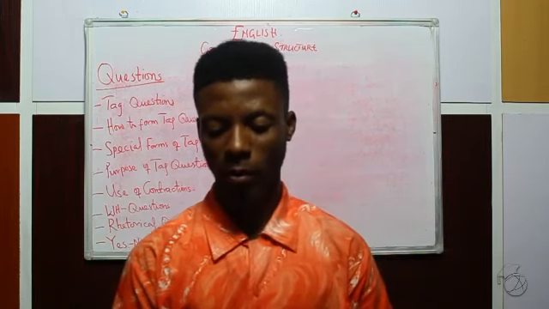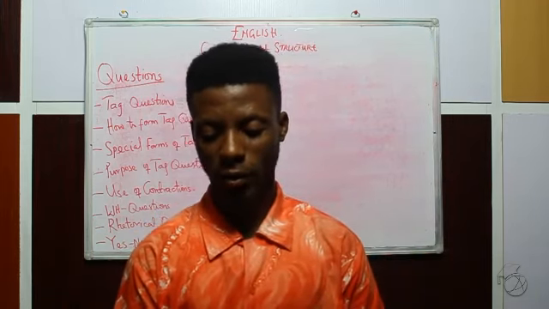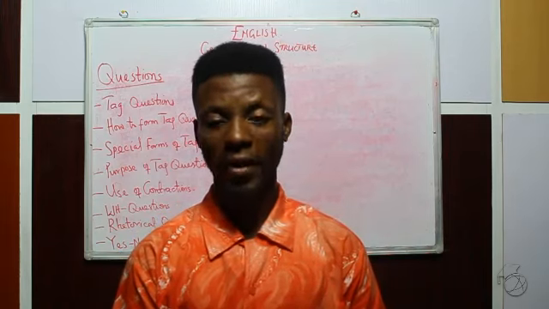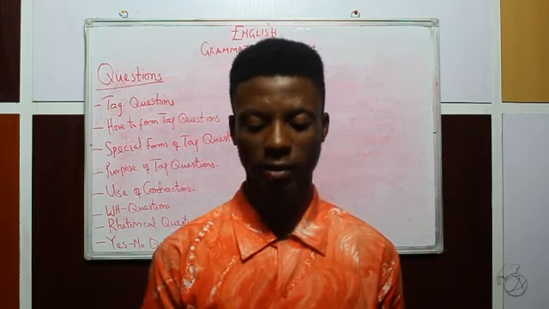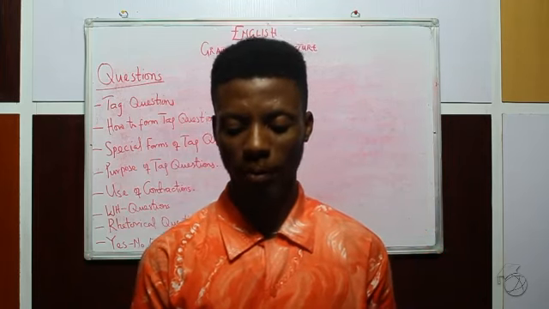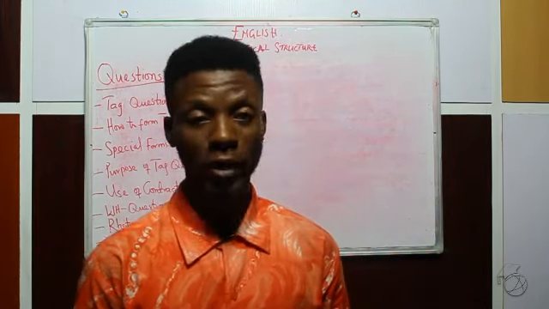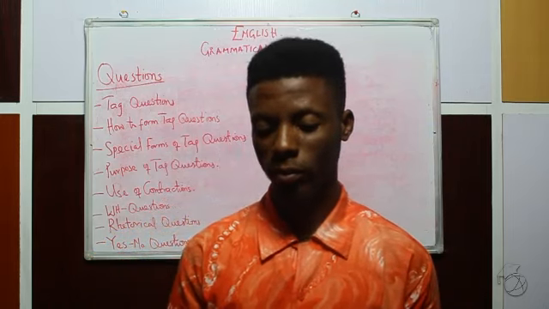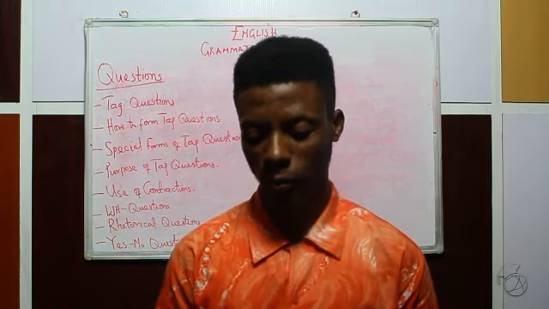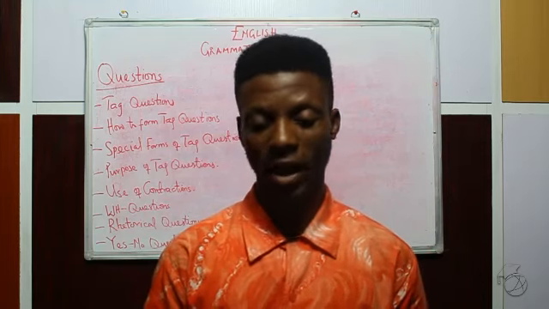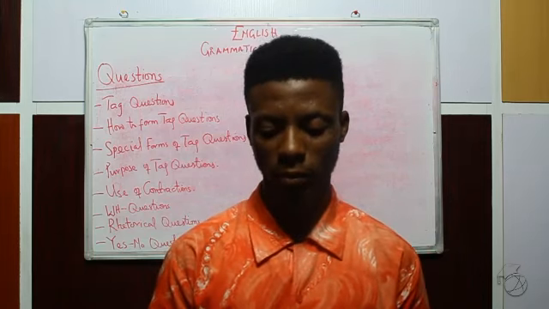Other verbs, main or lexical, have do, does, or did in the tag. Example, you don't care for me, do you? John didn't drink, did he? Joy failed her examinations, didn't she?